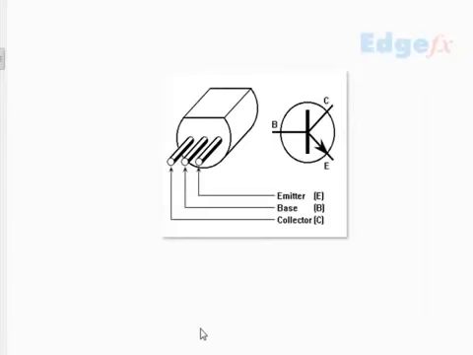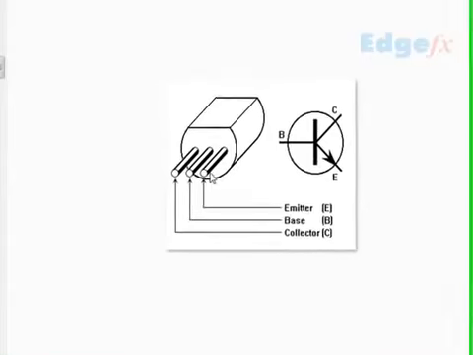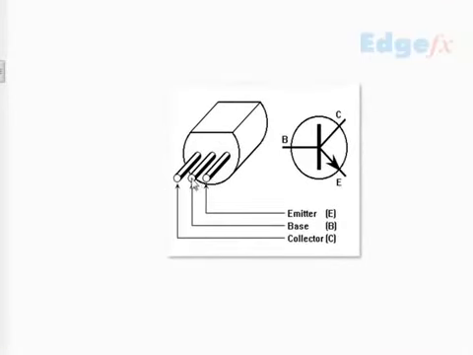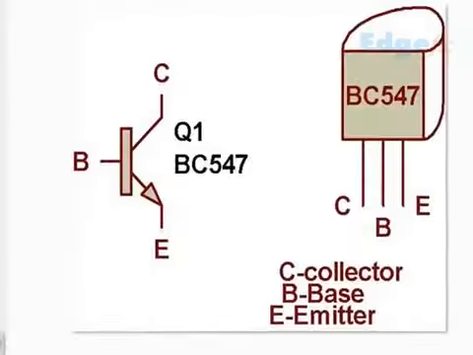And how to identify the leads of a transistor is this way. There is a flat surface, and if you hold the flat surface up, then this side is emitter, this side is base, this side is collector. This is how you have to identify the emitter, base, collector of a transistor.